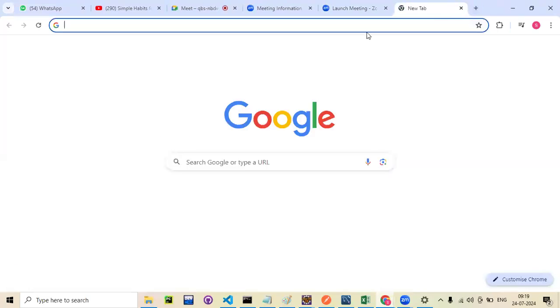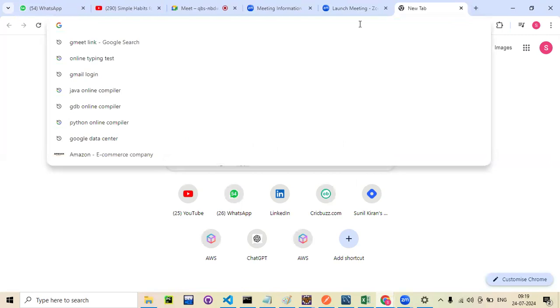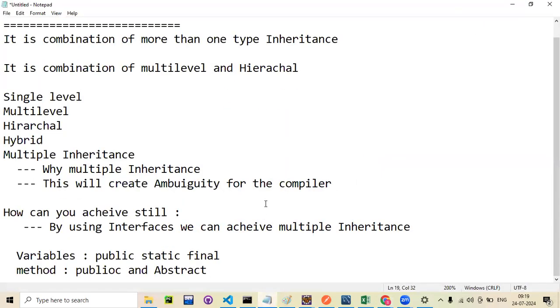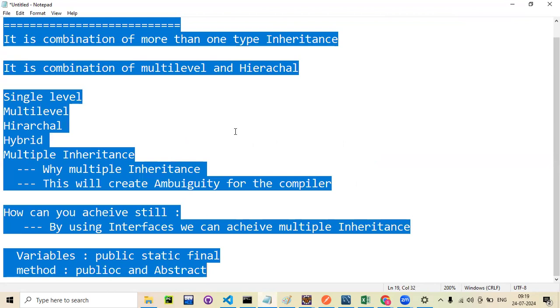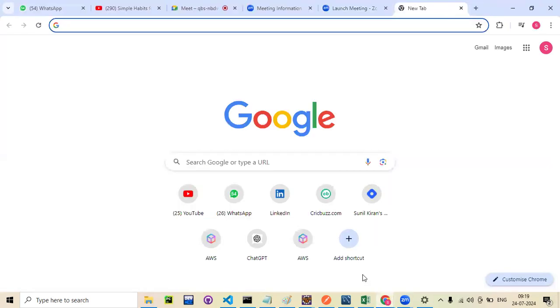Sumant, any idea what about any idea about mappings and all? Generally, mappings means like uh, Suppose. Hmm.